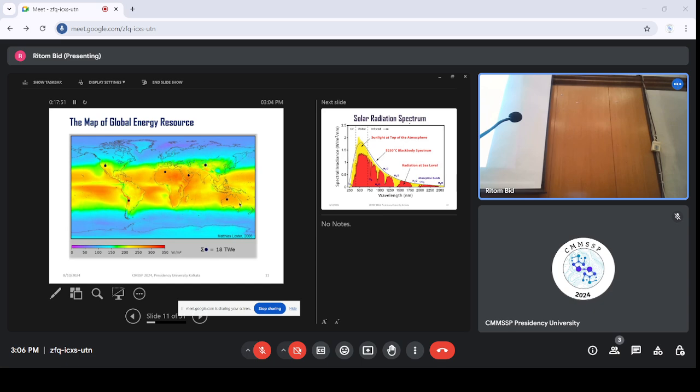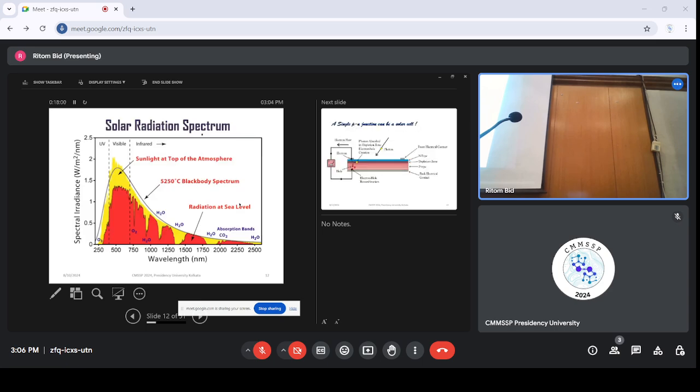And right now, India is among the top 5 countries investing in solar cells and solar energy devices. If we take a closer look at the solar radiation spectrum, as I mentioned, it mostly consists of the visible part that we get on the Earth. So we have to choose the material with suitable bandgap that can convert the visible light into electrical power or energy.